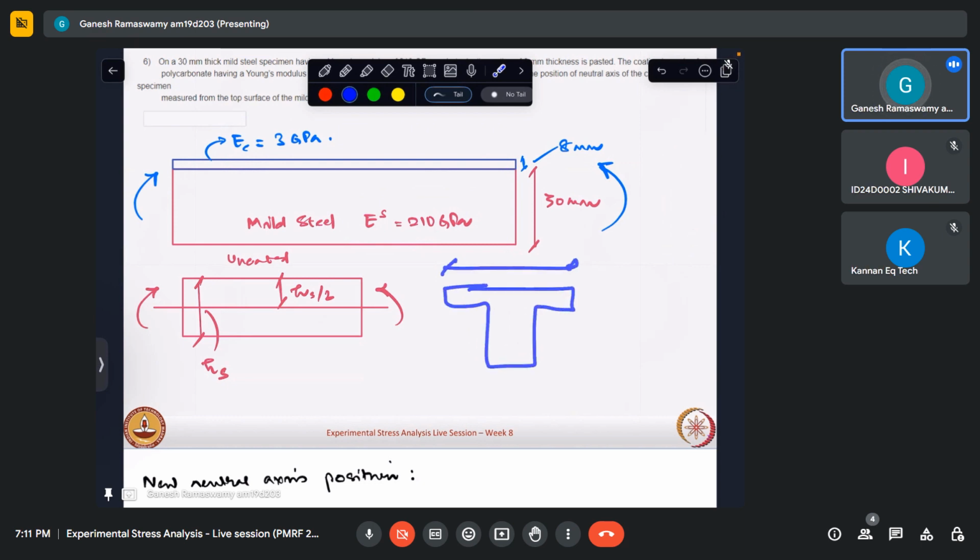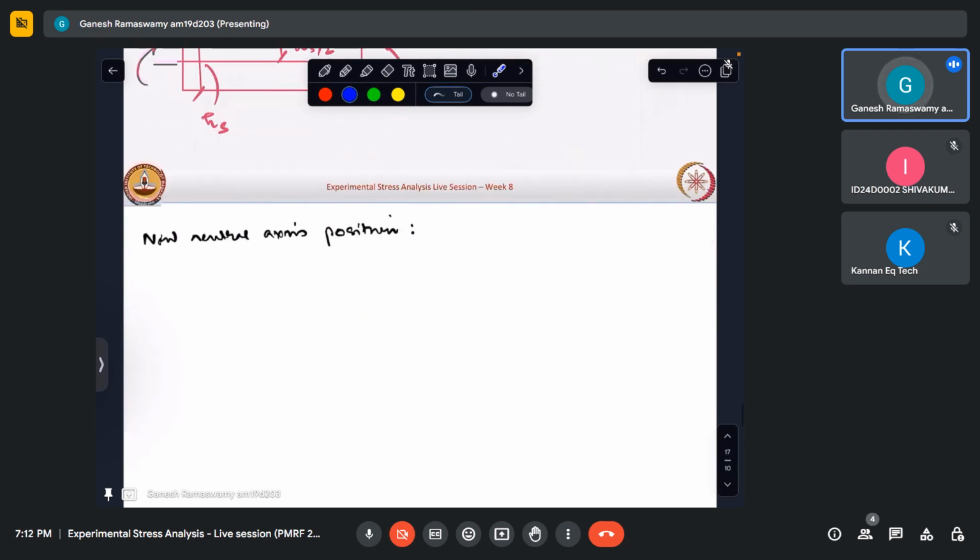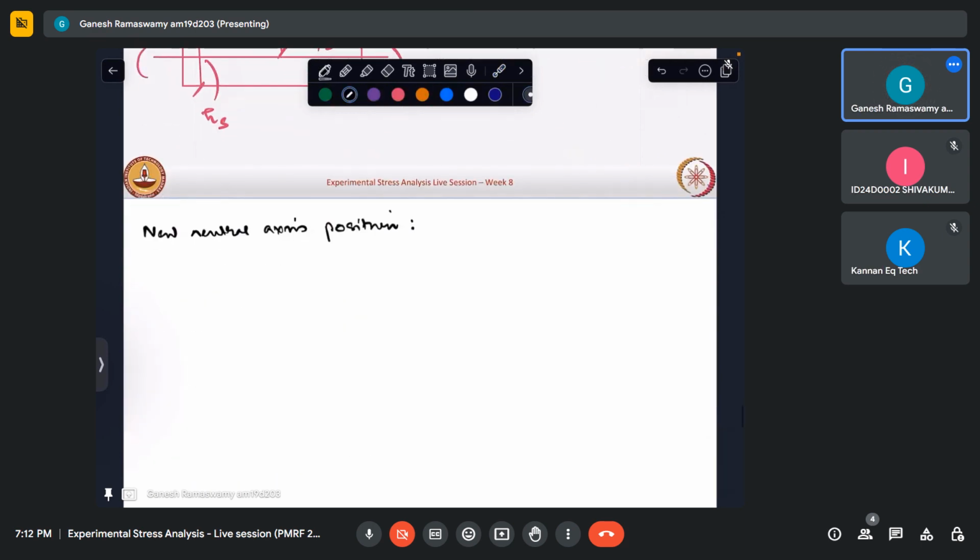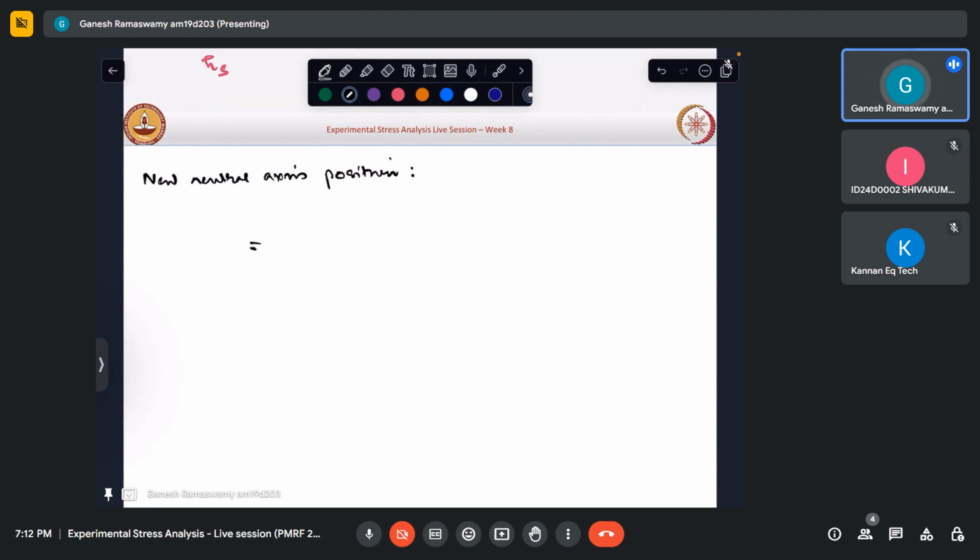So that comes out to be h specimen by 2 into (1 minus m into (HC by HS) the whole square) divided by (1 plus EC by ES into (HC by HS) the whole square), where EC by ES is what I meant as the modular ratio.